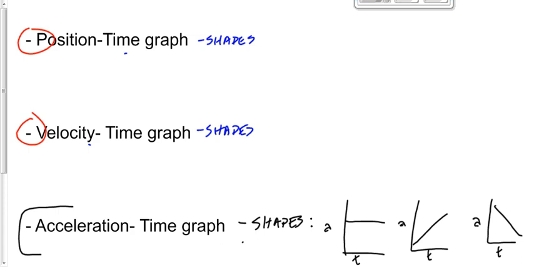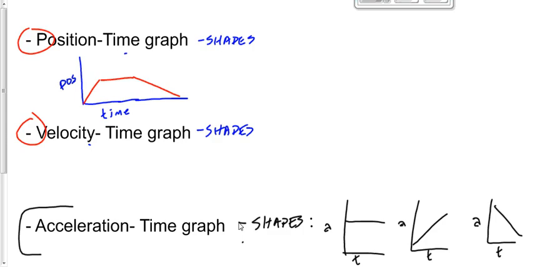All right? Let's say we got a position time graph that looks like this. There's a number of things that we can find from this position time graph that you have a 50% chance of having to find on your final exam, because you know you're going to get one of these two graphs.